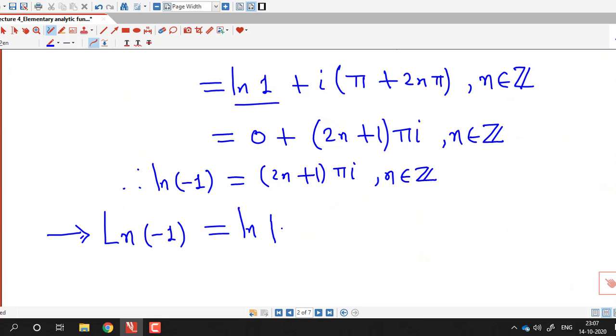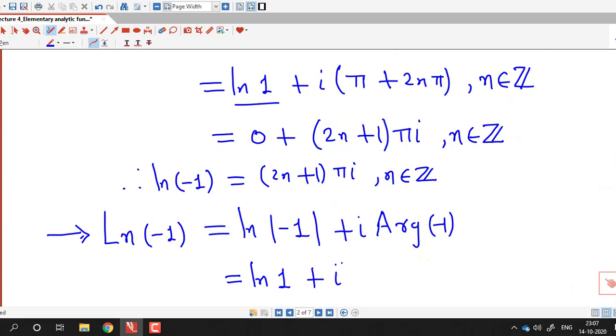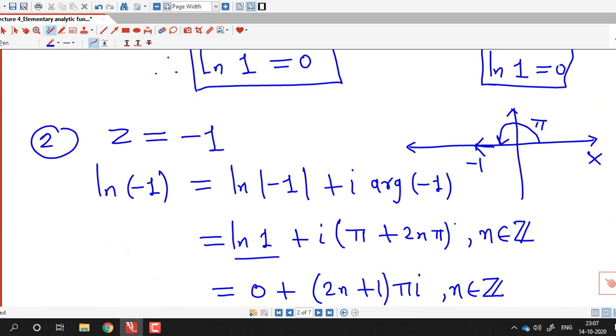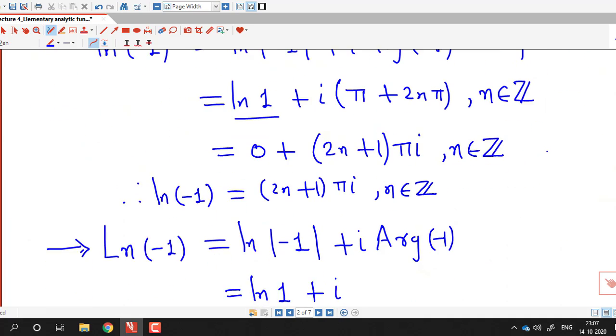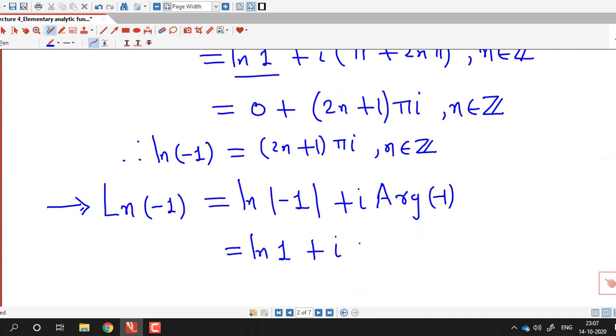Now if we are interested in the principal logarithm of minus 1, then ln of the modulus of minus 1 remains as it is, but instead of the general argument we use the principal value of the argument of minus 1. The angle is pi, and pi is allowed as a principal argument. So the principal argument is pi, and ln 1 is 0, so it is pi into i.